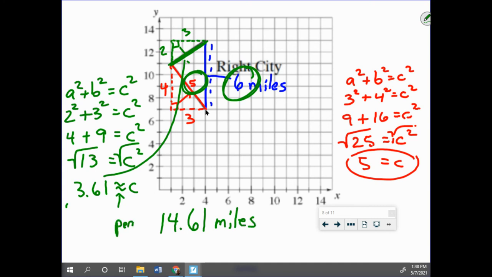That's a perimeter. Perimeter, 14.61 miles. And I think the question said, is it going to be rational or irrational? And the correct answer is that it would, of course, be irrational because this number here continued on. This number was irrational, so when I add it, of course, it's going to be irrational in the end. Okay.